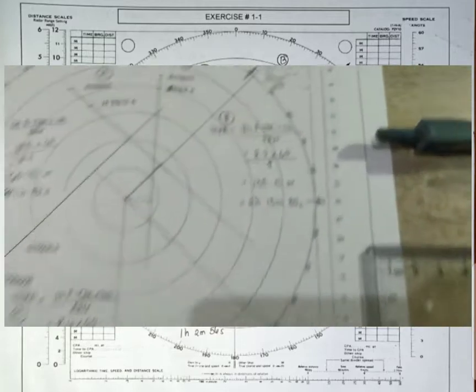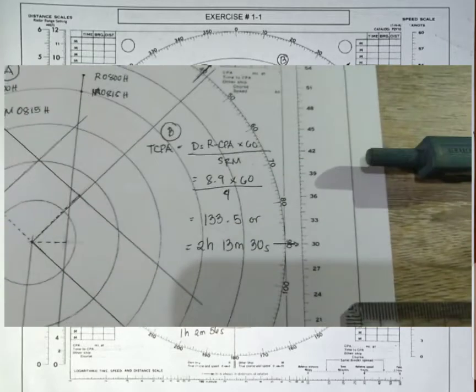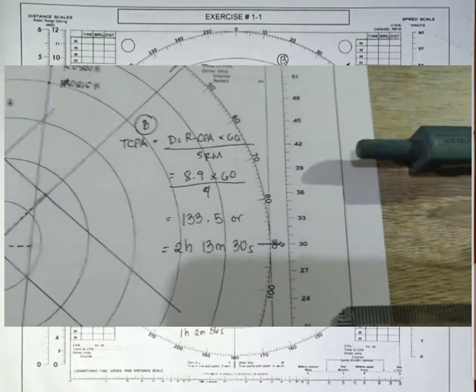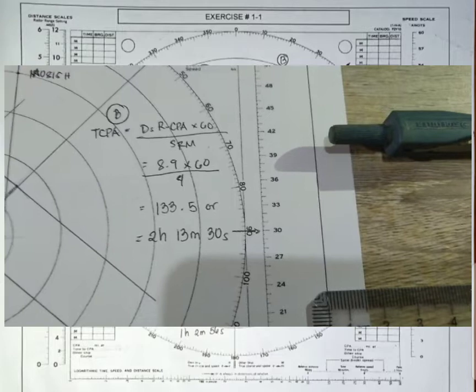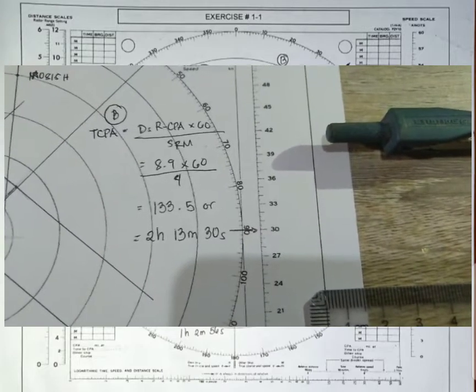And for the TCPA, we have here our calculation. So TCPA, distance R to CPA times 60 divided by SRM, or the speed of relative motion line.